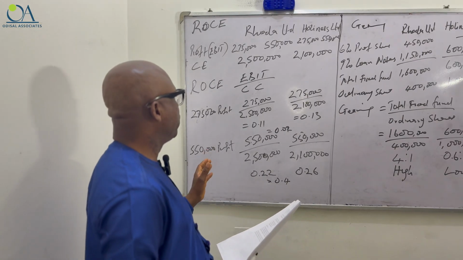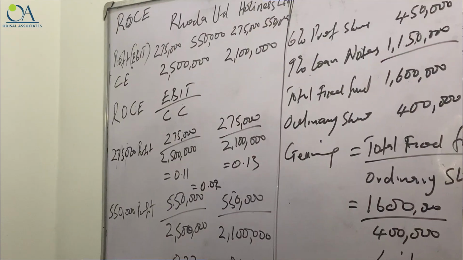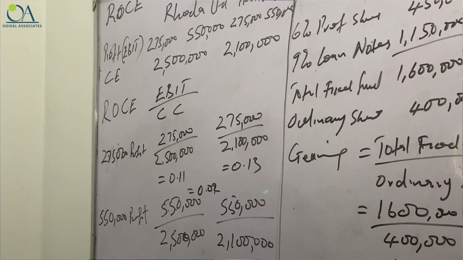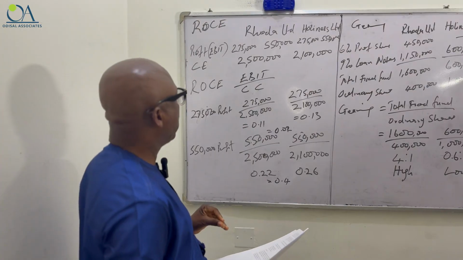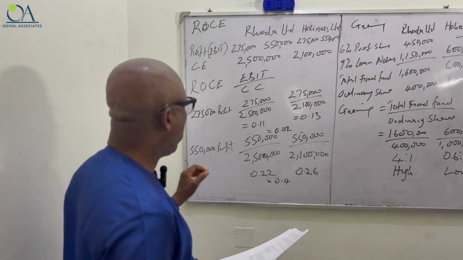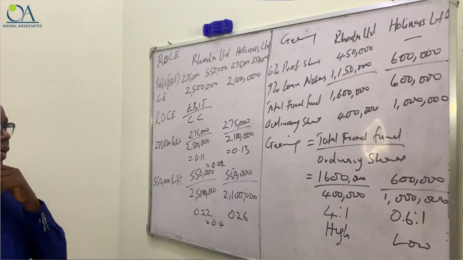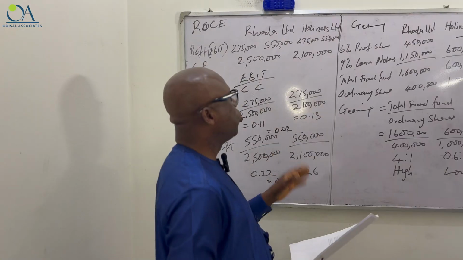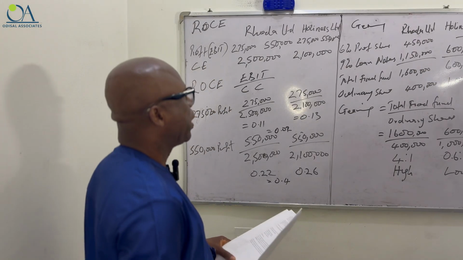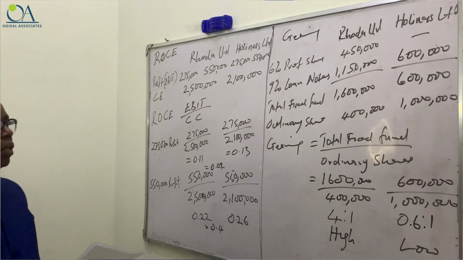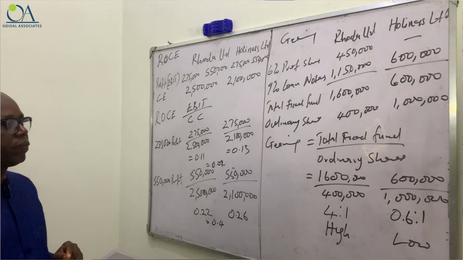And then we have two different profits for one company. So we're going to calculate 4 different ratios at different times for ROCE, and then we're going to calculate 2 ratios for gearing, 1 for each company.